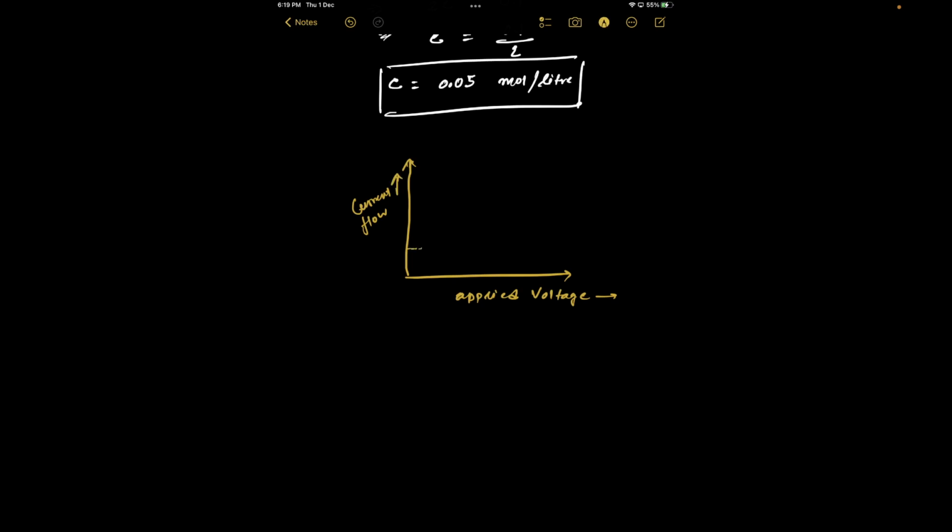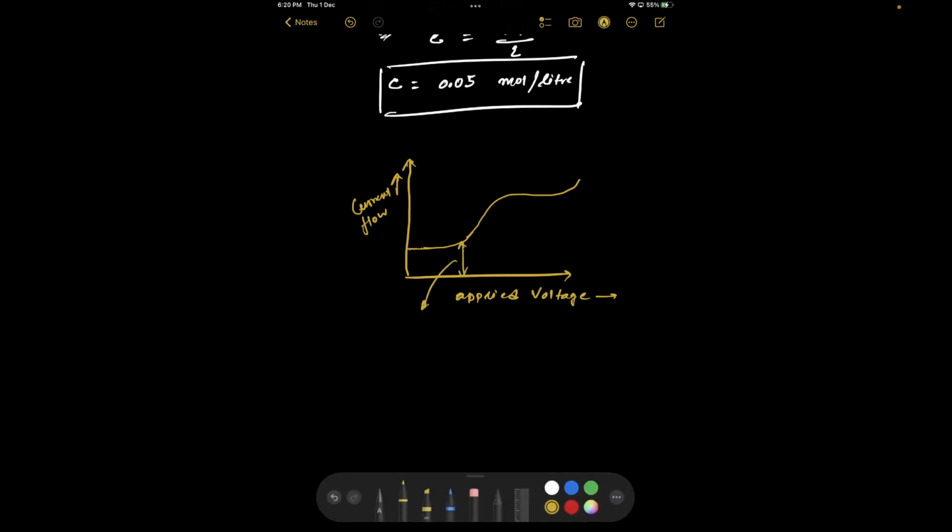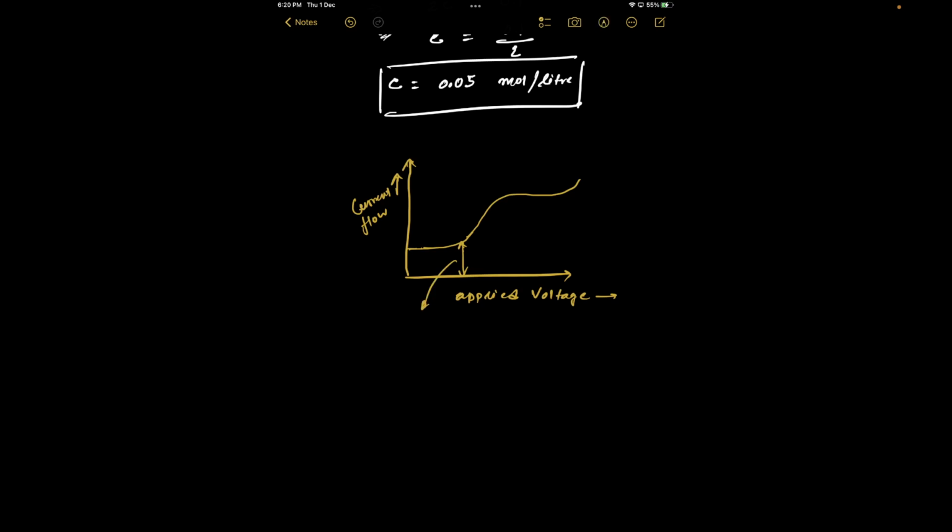First we get a plot like this. Now this amount of current we call the residual current.